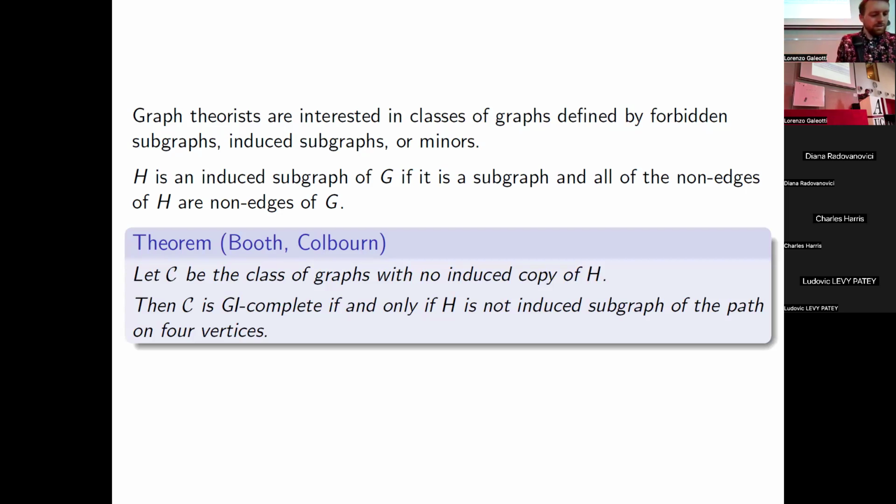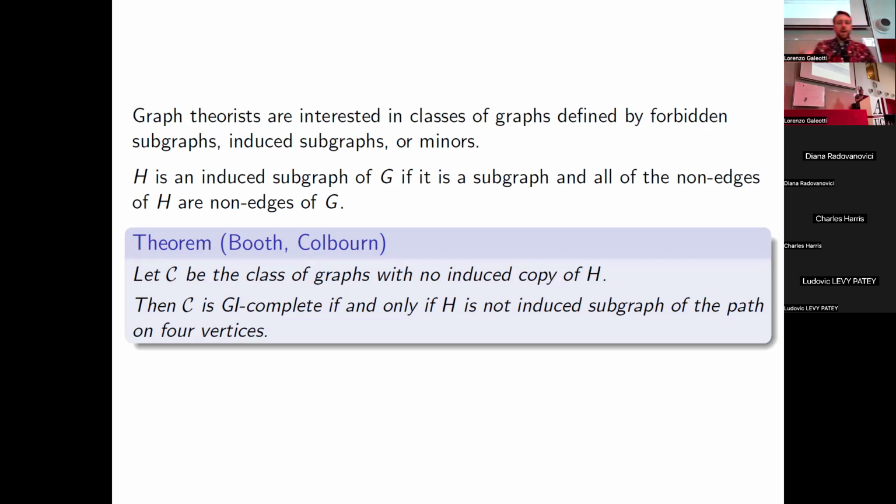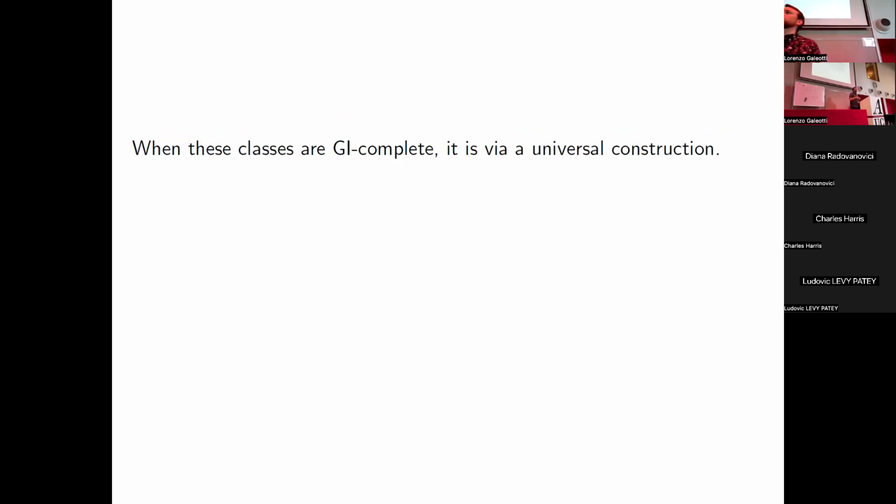If you're allowed to have copies of this, then the isomorphism is going to be complete. If you're not allowed to have any copies of this, then the isomorphism is going to be in polynomial time. In the case when it is complete, so when you're allowed to have copies, it is again by this sort of universal construction.